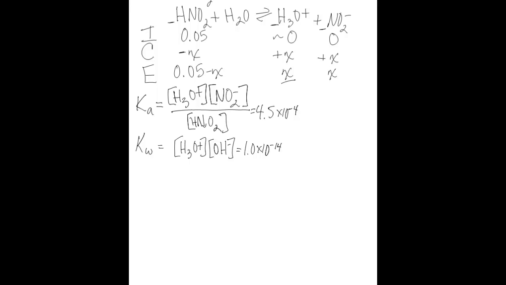So the Ka for nitrous acid donating a proton to water is many, many orders of magnitude greater than the Kw describing the proton transfer from one water molecule to another. And that means that the number of hydronium ions from water dissociation that contribute to the total hydronium ion concentration is minuscule or very, very small compared to the number coming from the proton transfer from nitrous acid to water.